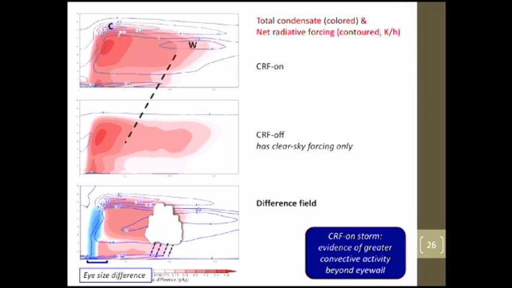Okay? So what is happening here, I'll explain this in a little more detail later, but the consequence is there's more convective activity at larger radius in the simulation with cloud-radiative forcing. And so that convective activity is creating condensation, it's creating precipitation, it's creating diabatic forcing. Okay?